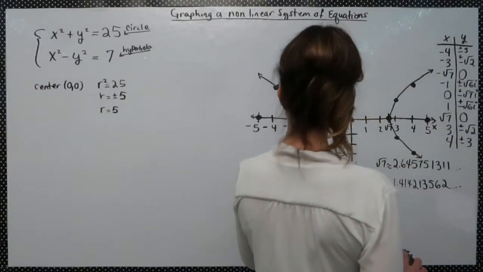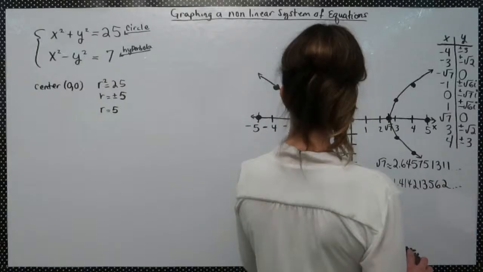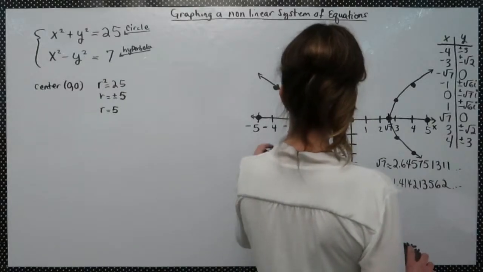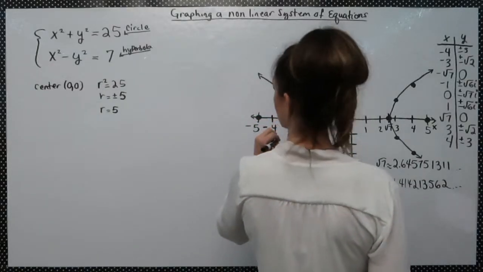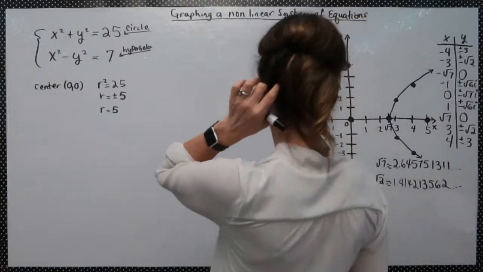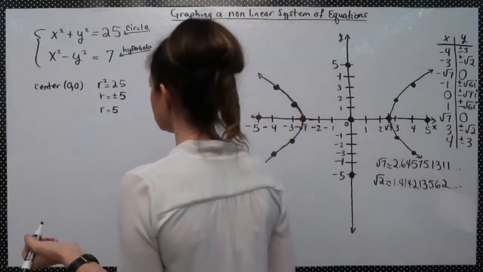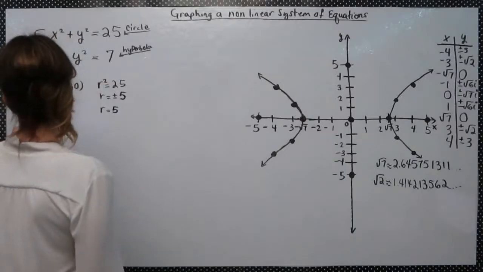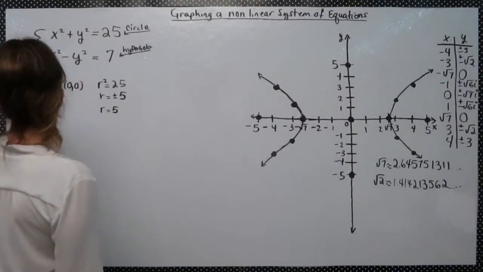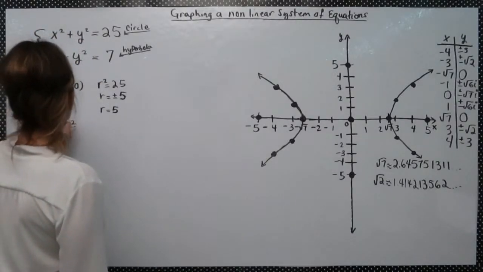So I'm kind of curious, I don't know if 4 is on the circle or not. What I could do is start plugging some of these points into the circle. So let's see, we got x squared plus y squared equal 25.